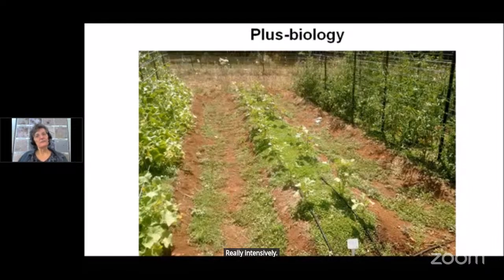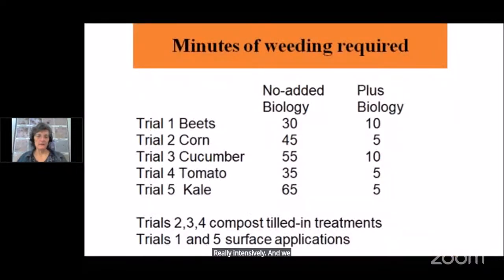And we then came back in 2 weeks, and we then timed how long it took to weed the no biology added. So in the beet trial, with the no biology added, it took us 30 minutes. In the plus biology side, 10 minutes. With the corn, with the cucumber, you can see the differences in weeding time.